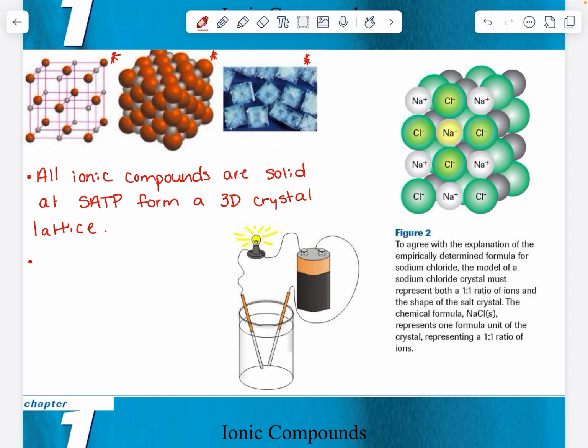However, when we dissolve them in water, they dissociate and they form a solution that will always conduct electricity to an extent.